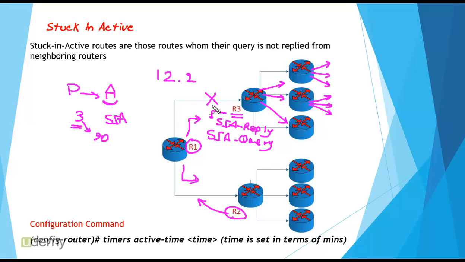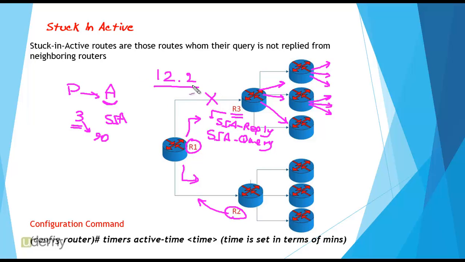So remember that before 12.2, in any case, routers break down the neighborship when a route goes to stuck in active, and all of the routes which are reachable through these routers are deleted from the routing table.